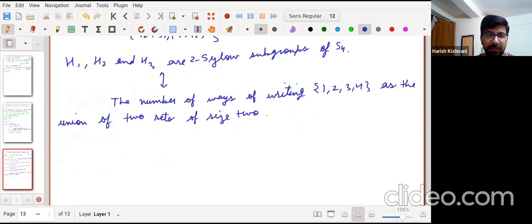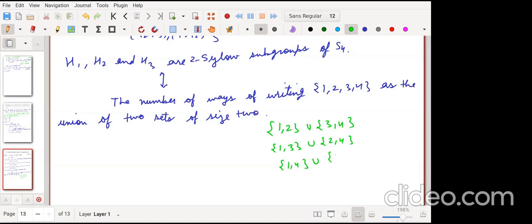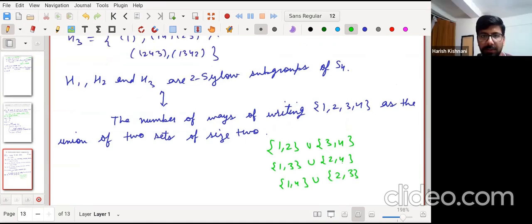See, the number of ways in which you can write this 1, 2, 3, 4 as a union of two sets of size 2 is: first one is 1, 2 union 3, 4. Second is 1, 3 union 2, 4, and the third one is 1, 4 union 2, 3. Right? Can you see some similarity?